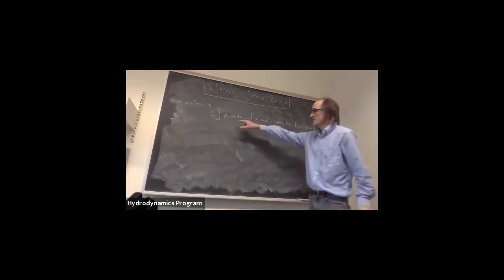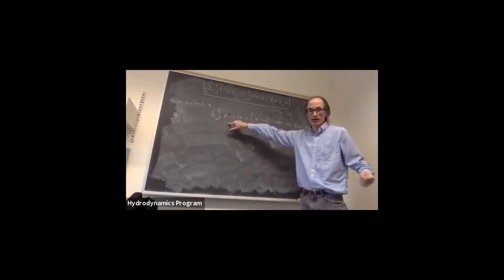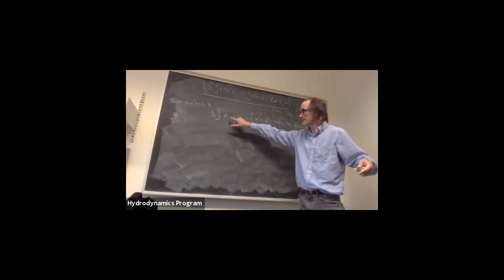Okay, and so for the Euler equations, one certain weak formulation of the vorticity equation is this.